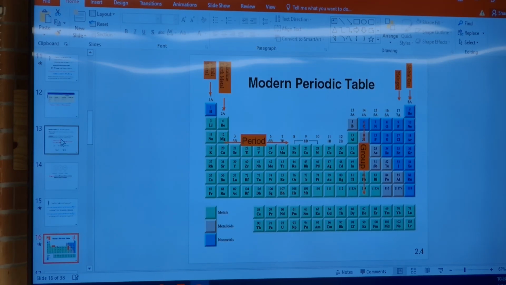This is about the periodic table. Okay. More than 150 years ago, chemists already found some elements behave similarly to each other. This was the origin to develop the early periodic table. The first periodic table was developed by a Russian chemist, Mendeleev.